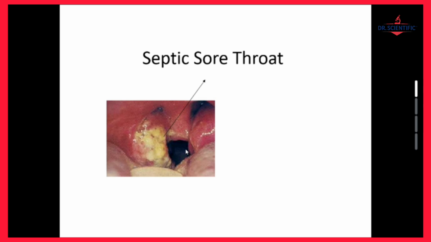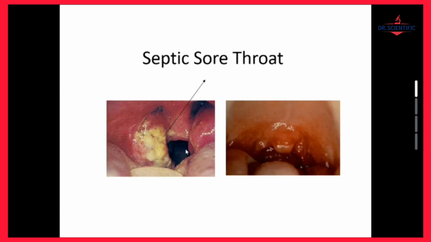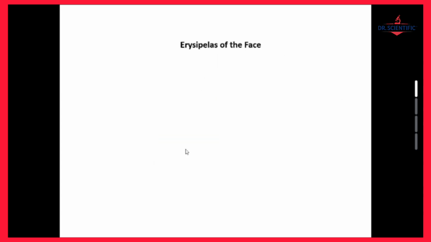If you don't quickly treat it, you can easily lose a patient, and it is more common in children. And because of the production of that toxin, it can cause a lot of poisoning of the internal organs. That's just an example of how the septic sore throat looks.